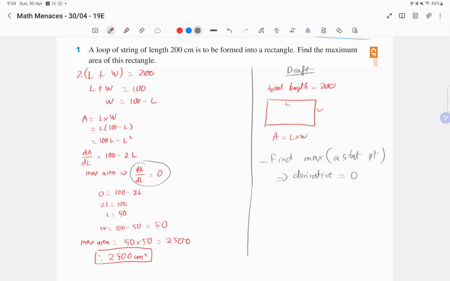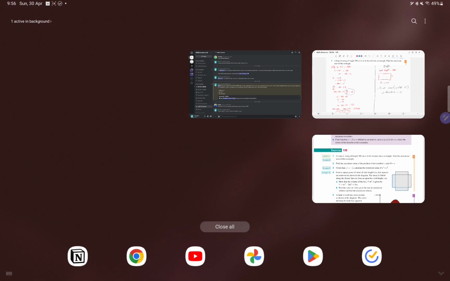Same with minimum. This chapter is all about maximum and minimum problems. So that's why you need to derive it and set the derivative equal to 0. This is the straightforward way to do it without having to sketch the graph. So that was question 1, should be straightforward.